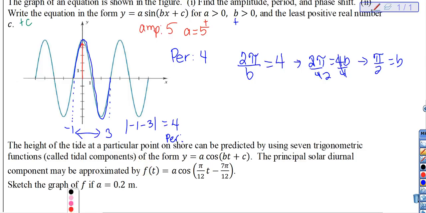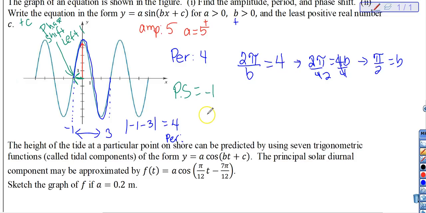And then we'll switch to our green pen, and we'll look at our shift left. So here's our shift to the left. That's a phase shift: left 1, or negative 1. So there's your phase shift, left 1. So our phase shift is negative 1.